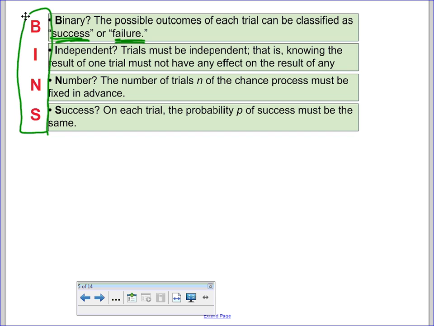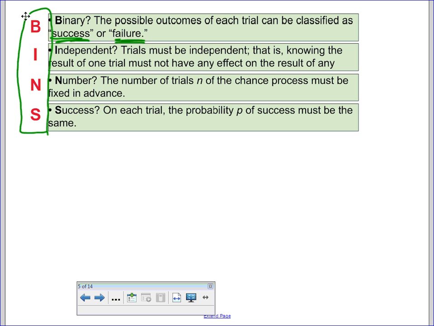Independent. Are these things independent? Going back to our definition of independence, does the probability of B given A equal the probability of B? Does what happens in one thing affect the next one? Is there a set number of trials fixed in advance?